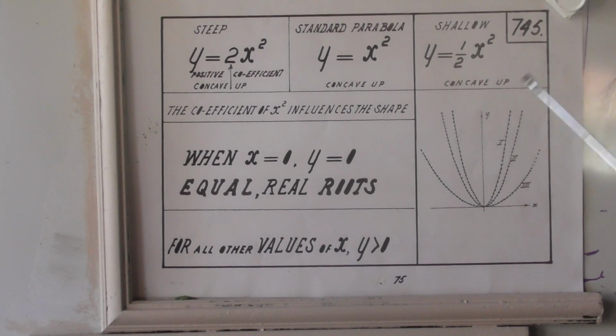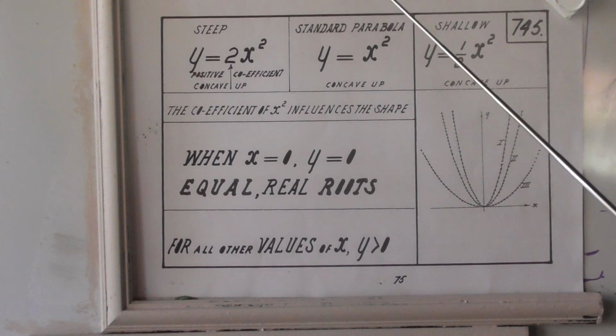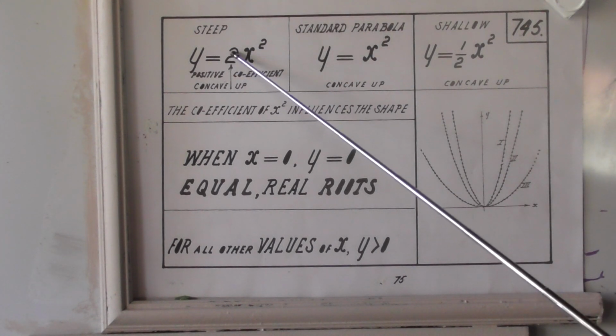We have now not only concave up, but we have sort of a blunt one, a sharper one, and even sharper. The shape, not the concave up, the shape is determined by the coefficient.